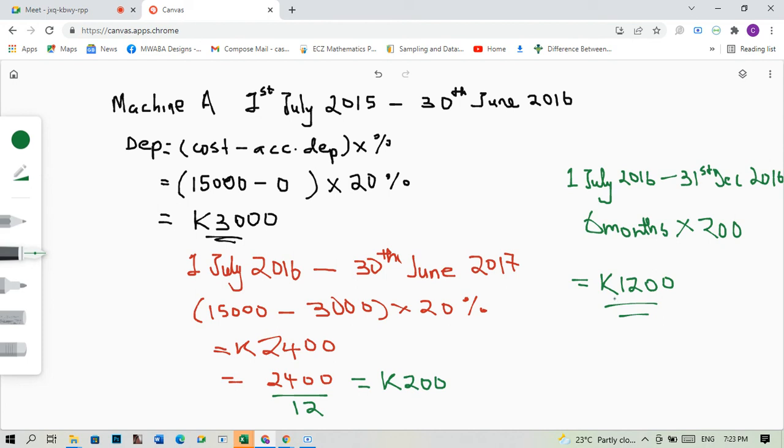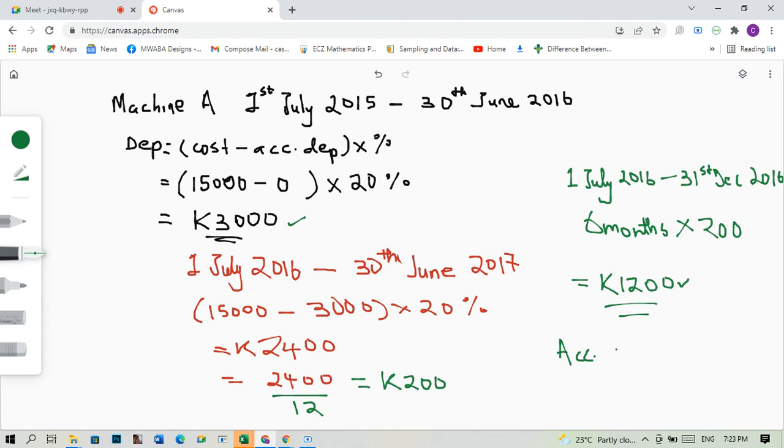Because it was sold, the total depreciation for this machine, which we call the accumulated depreciation, is 1,200 plus 3,000. This 3,000 is the depreciation for the first year, and the 1,200 is the depreciation which accumulated before the machine was sold.